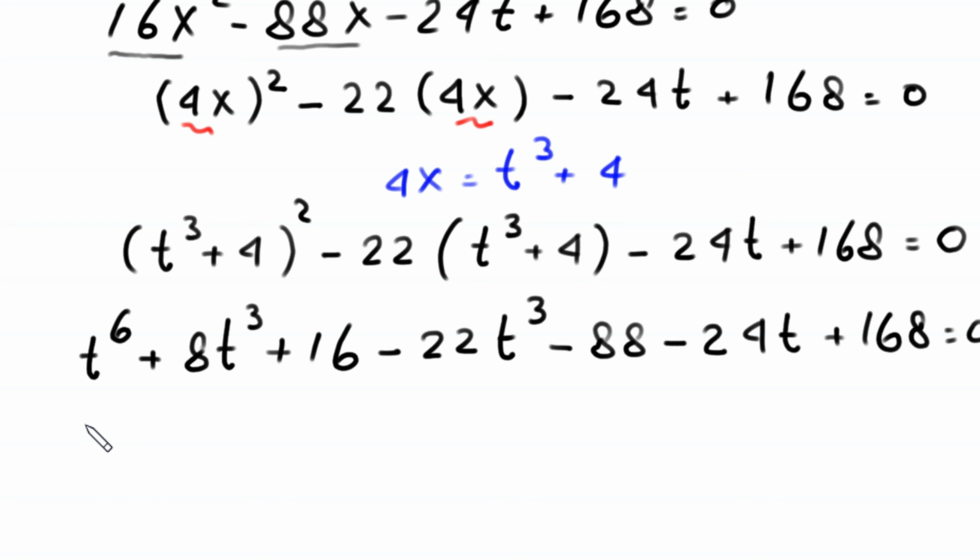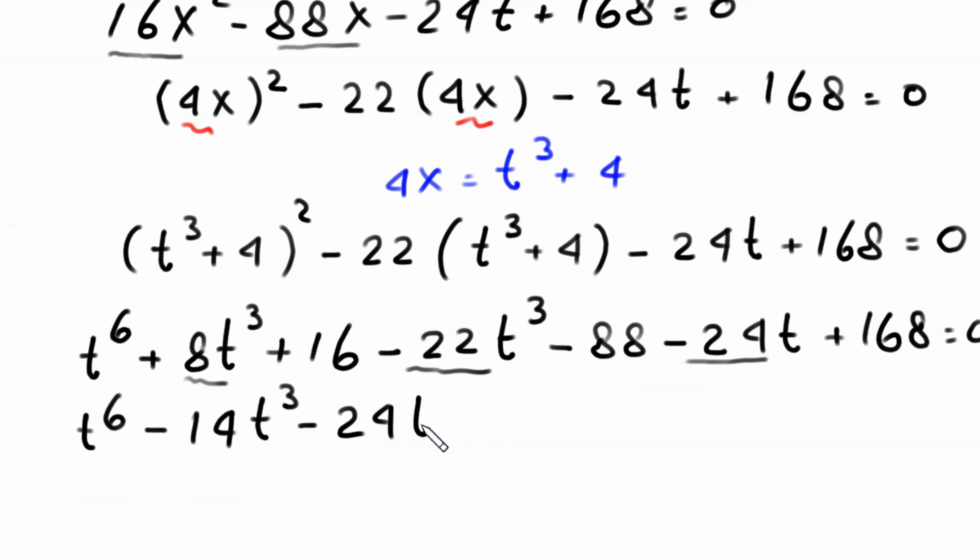Further simplify, this will become t to the power 6, and 8t cubed minus 22t cubed will become negative 14 times t cubed. Negative 24 times t remains, and 16 and negative 88 plus 168 will become plus 96 equals 0.